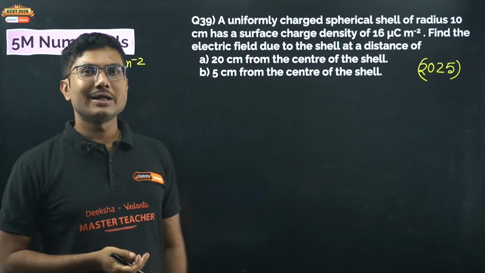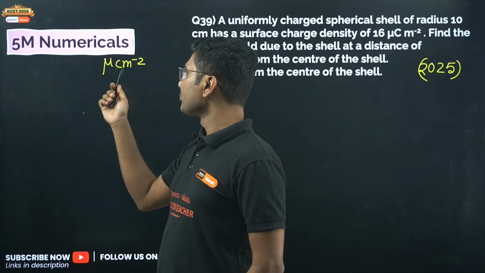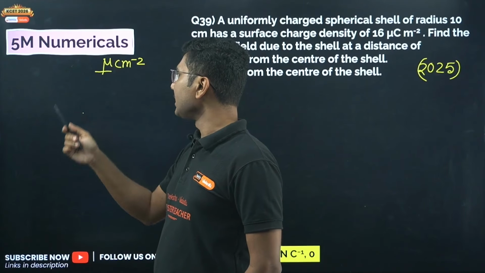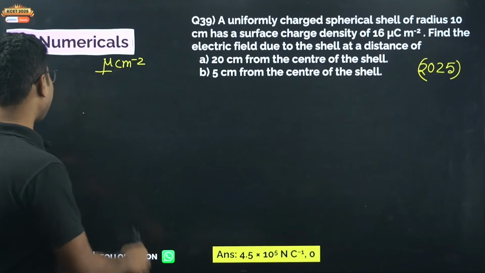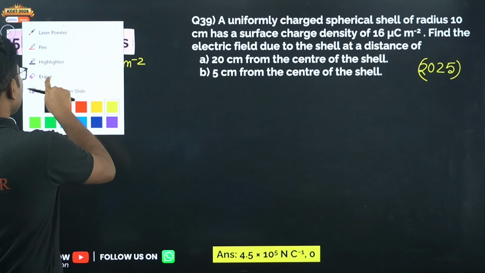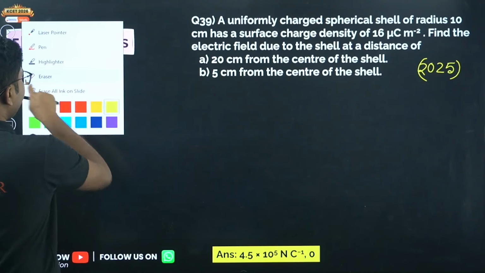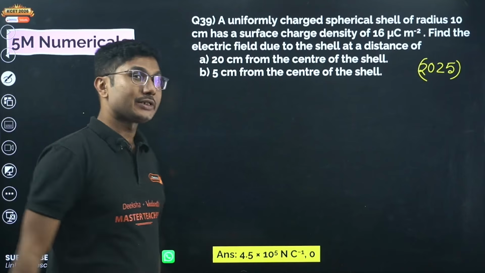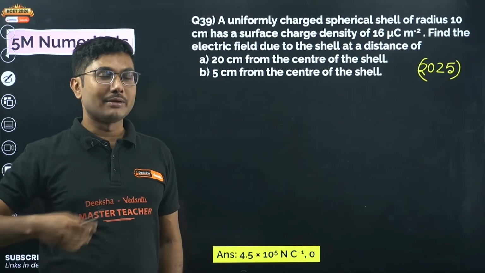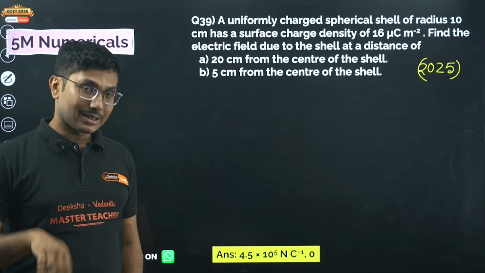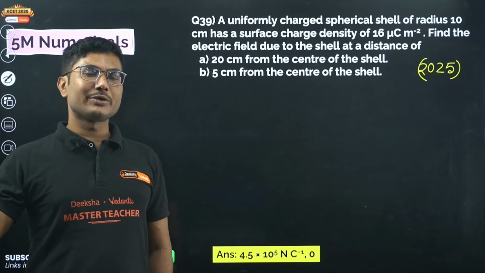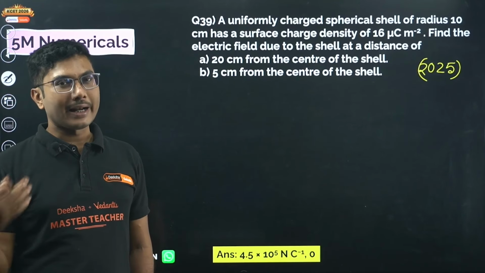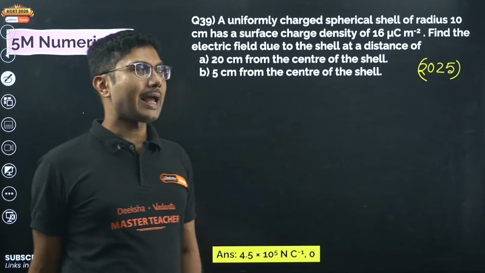But many students thought, what is this unit? So they started with microcoulomb per centimeter square, and they messed up in the middle of the question, and they started crying. So the board says, okay, if you solve it by assuming centimeter square, or by microcoulomb per meter square, both solutions are correct, and they gave the marks. But many students thought, I will not attempt it and I will get full marks, but that did not happen.